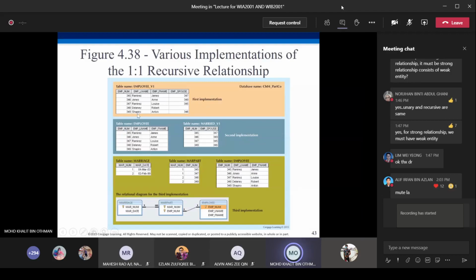Here we have redundant data about Anne John.